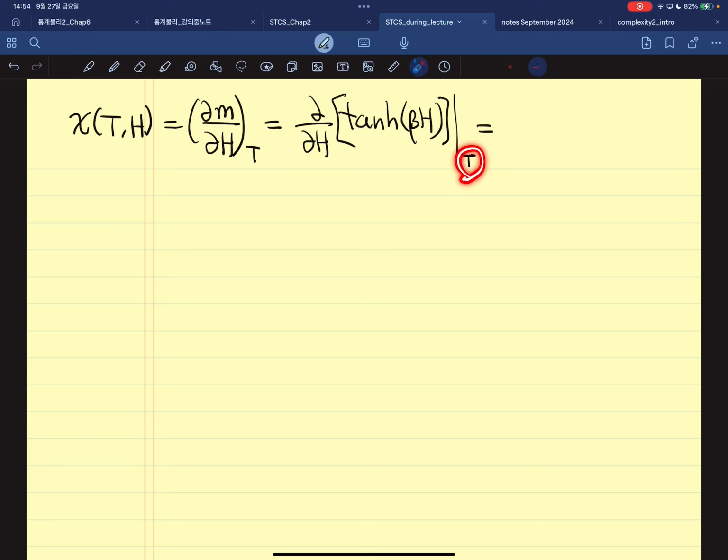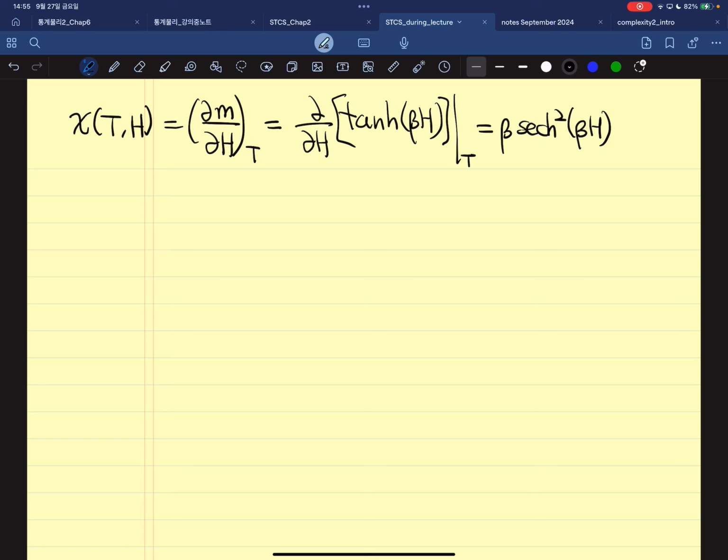Fixing temperature, you always remember that this beta is not just beta, it's 1 over k_B T. So fixing temperature means considering beta as a constant, then you have to take a derivative of tangent hyperbolic, which, according to the table, is the hyperbolic secant squared, the reciprocal of the hyperbolic cosine.